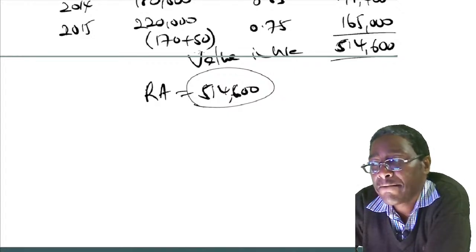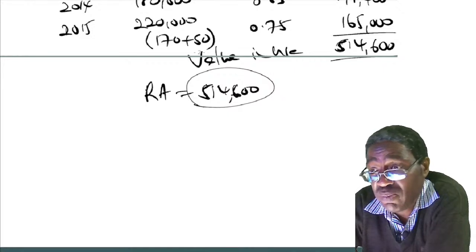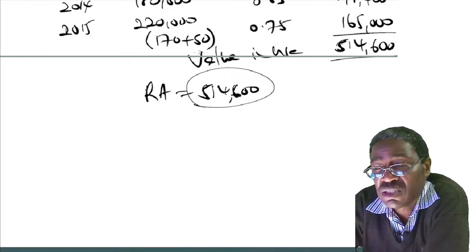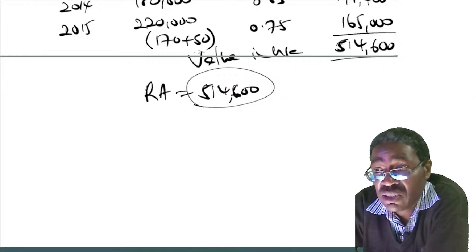Therefore, by comparing the carrying amount of the plant with its recoverable amount, the plant has not suffered any impairment loss.